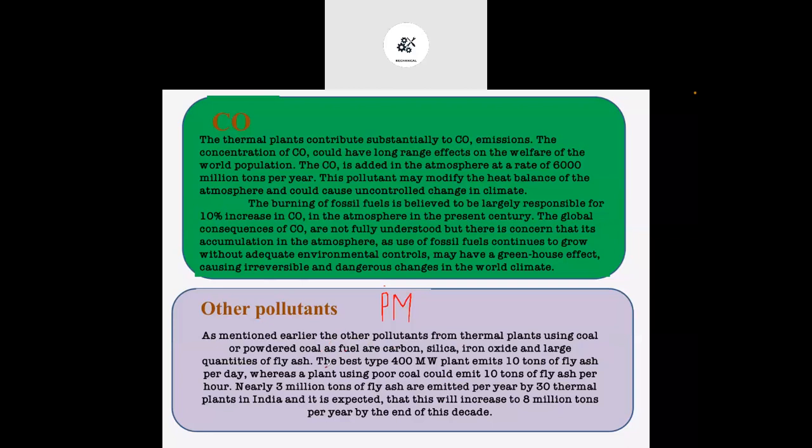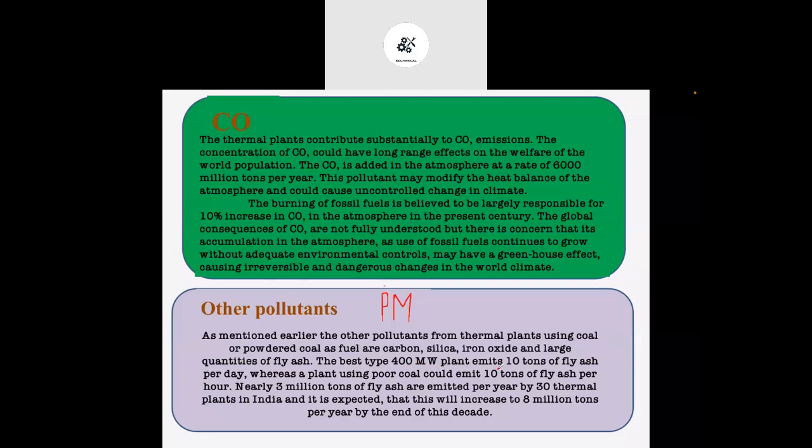Okay, so the particulate matter or the powder fly ash coming out from the thermal power plant is again one type of pollutant. A coal-based 400 megawatt plant emits 10 tons of fly ash per day.